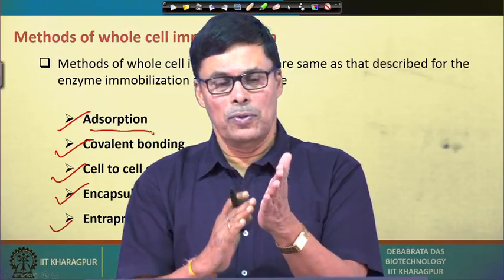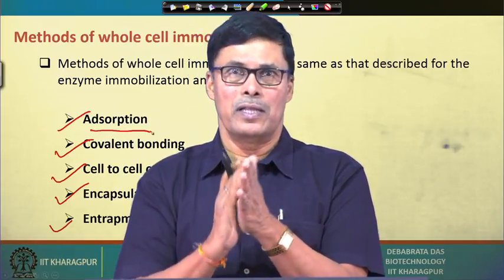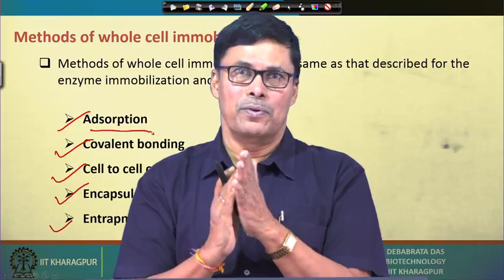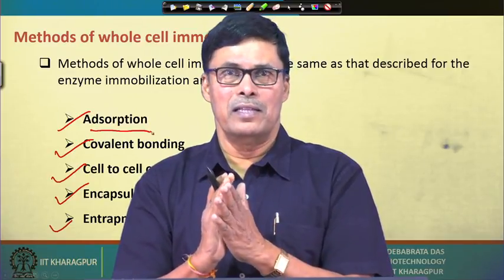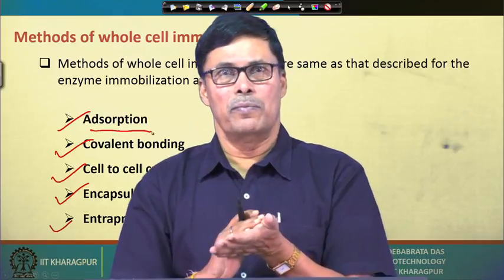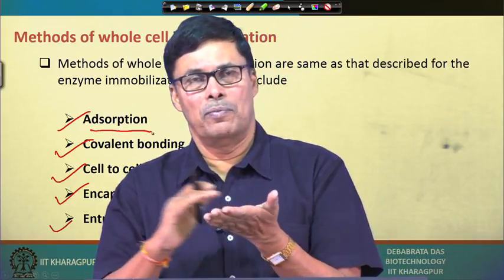So if you pass your liquid at a very high flow rate, then there will be axial shear force. Due to the presence of the axial shear force, there is every possibility the cell may dislodge from the surface of the solid matrix.